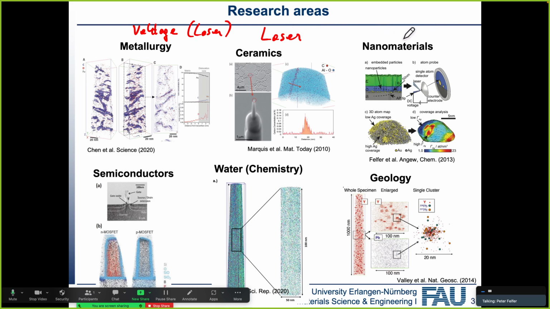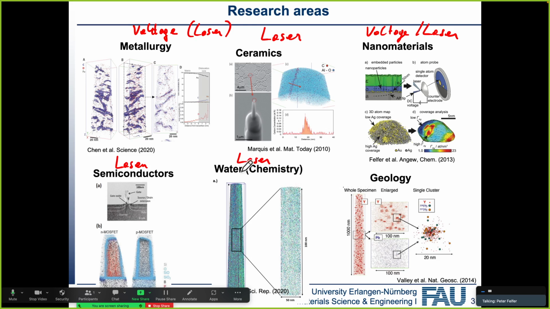Nanomaterials, voltage or laser, but typically the laser also puts smaller stresses on our specimen, so if we have a complex specimen, very often we also use laser. Semiconductors is also laser only, same reason, bad conductivity. So here we've got voltage or laser.